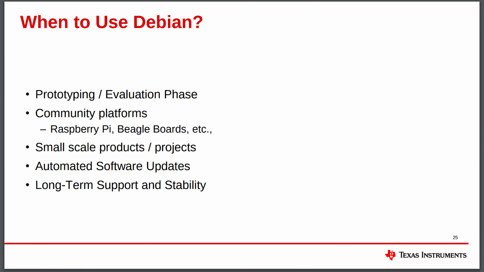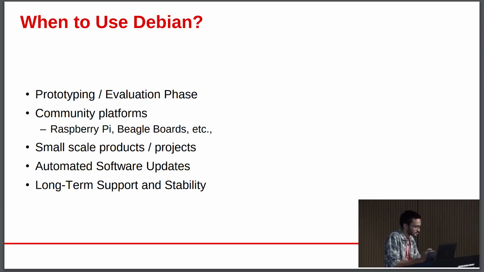And for automated software updates, with the help of apt, you can just use it without implementing your own implementation for the software updates. And as I was stating multiple times, support and stability is a reason why you can be on Debian.